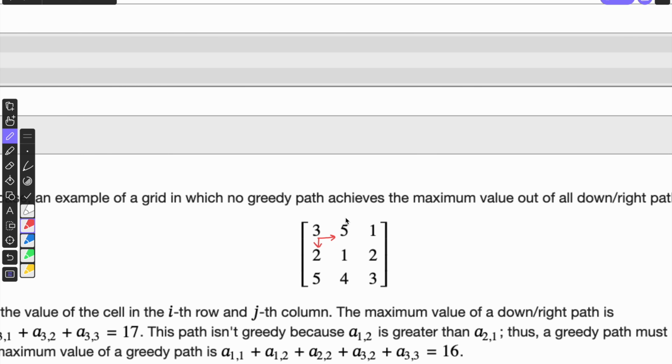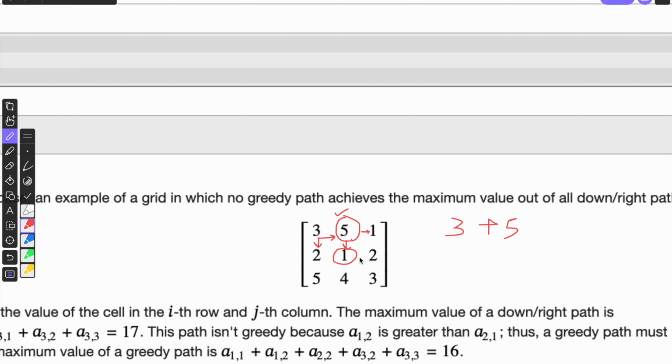But it is optimal to move in this direction because we have to greedily choose the maximum sum. So first the sum was 3, now it has become 3 plus 5 which is 8, right? Now we move in this direction. Now we have to check whether we can move right or down. So we can move in either direction. So let's move here.